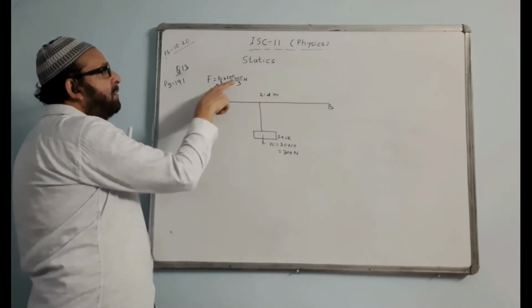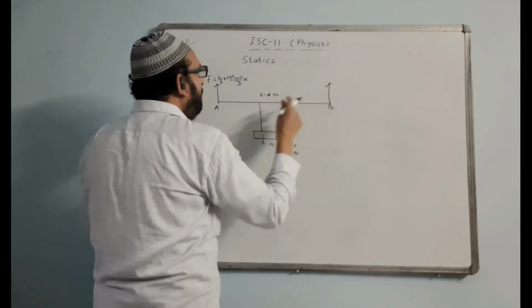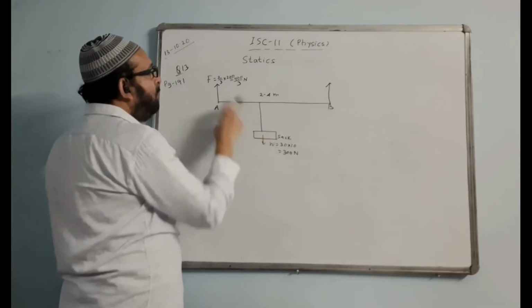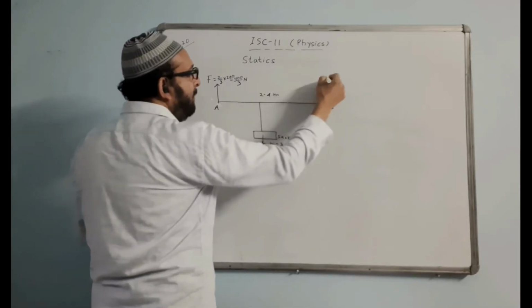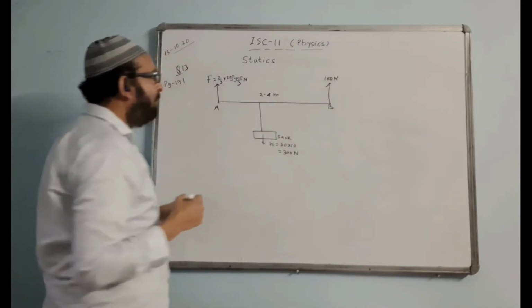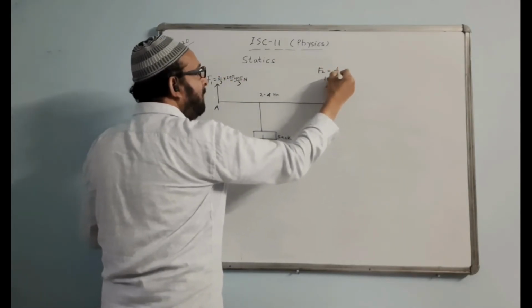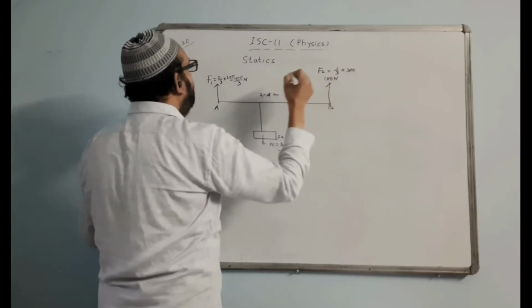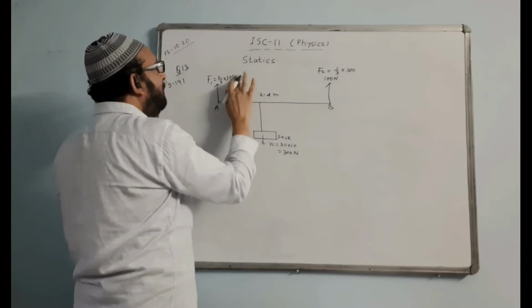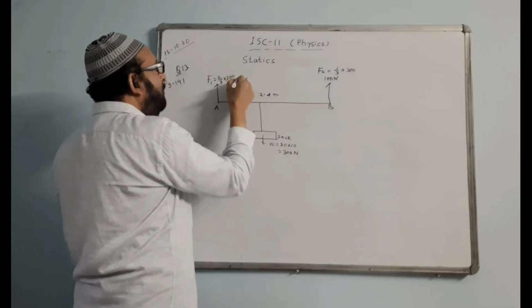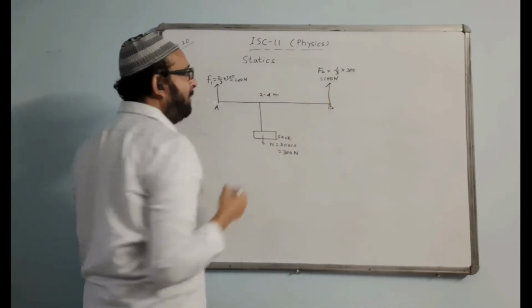So A has to support this much load, and B will support the remaining load. 2/3 is here, so 1/3 will be left over. 1/3 of 300 is 100 Newton. I take this as F2, so F2 is 100 Newton. 200 Newton here and the remaining 100 Newton here.